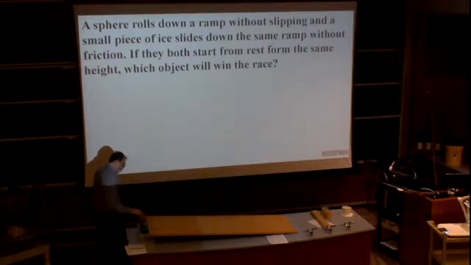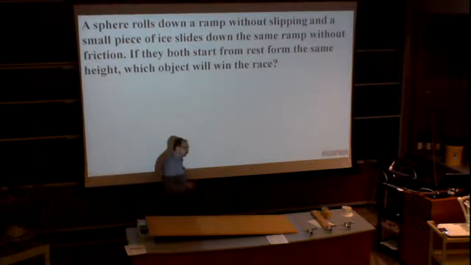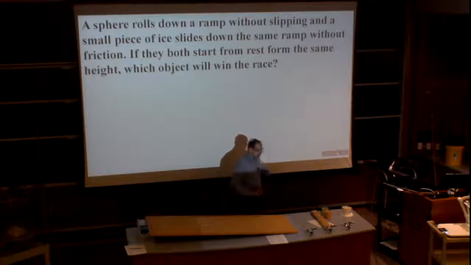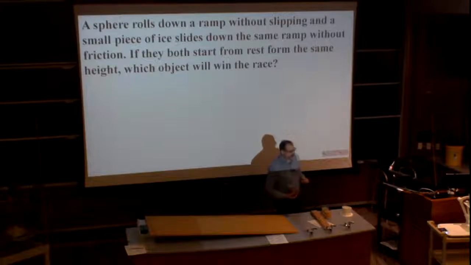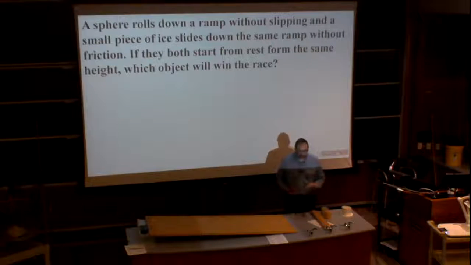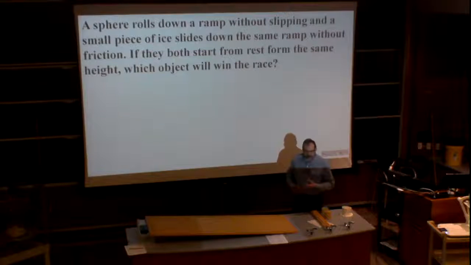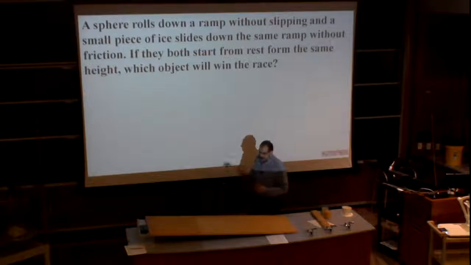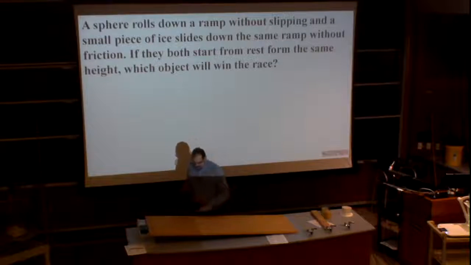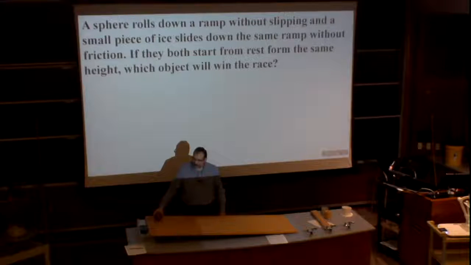First of all, I want to mention the role of friction. We have had a discussion already that friction is not always bad. We wouldn't be able to walk or drive without friction. Now, let's say this is the absolutely frictionless, icy, oily surface. What would happen to the sphere if I let it go?